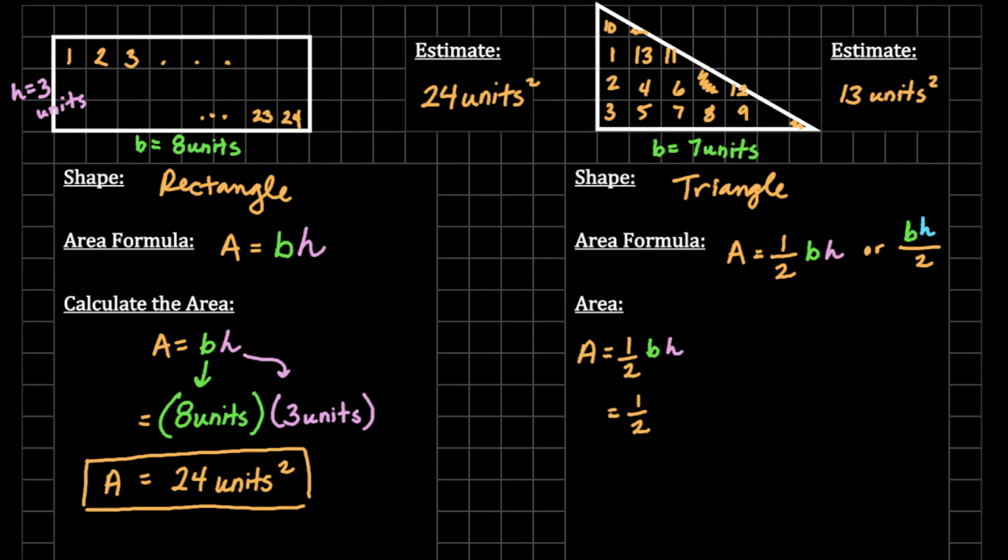And our height, which is the distance from the floor to the ceiling, straight up, in our case is 1, 2, 3, 4 units. So H equals 4 units. Here I'm going to put times 7 units, and then times 4 units.